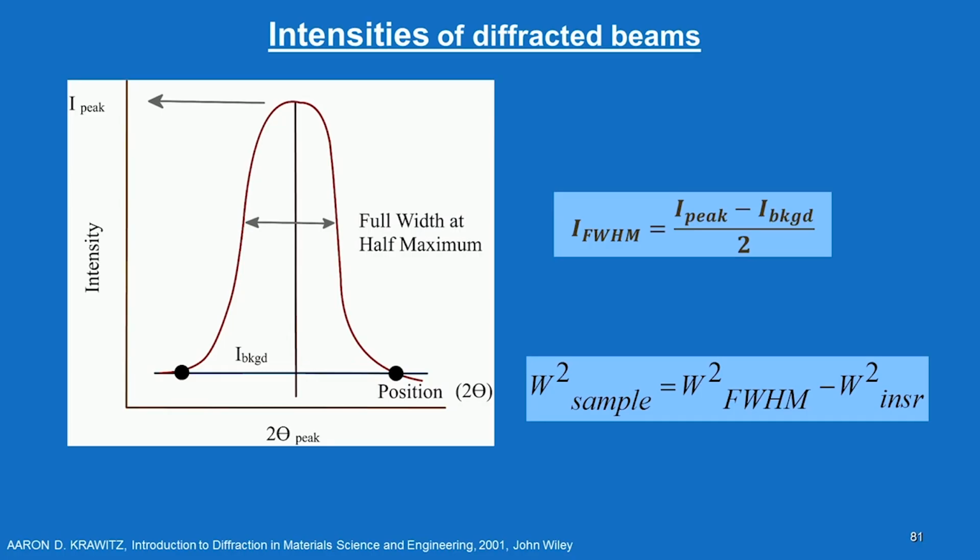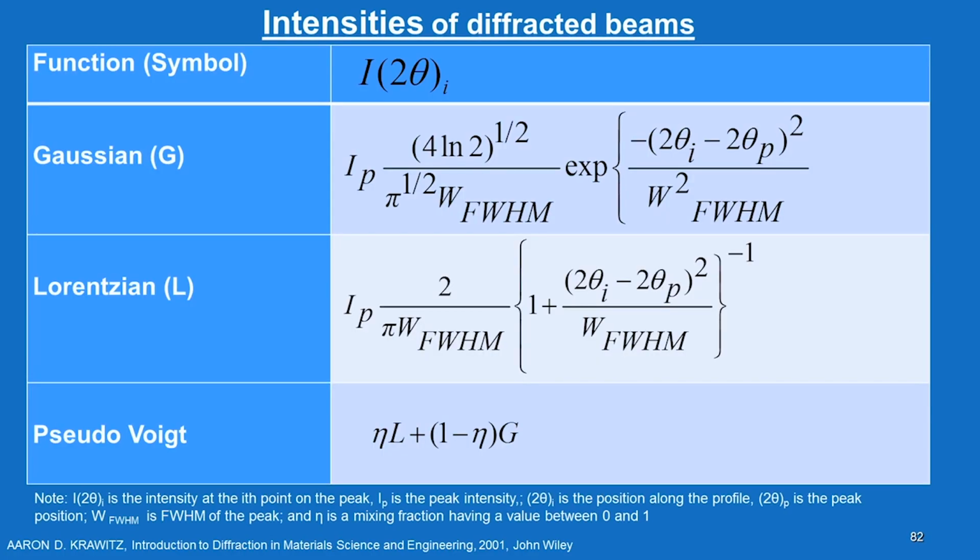Before that, we would like to see some of the typical models for X-ray diffraction. It is very clear that if you want to quantify some of these effects, you need to model them first, and some of the models are represented in this table. You see that the first column is the function, the second column is the intensity.